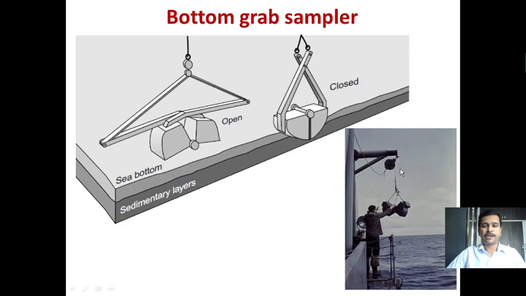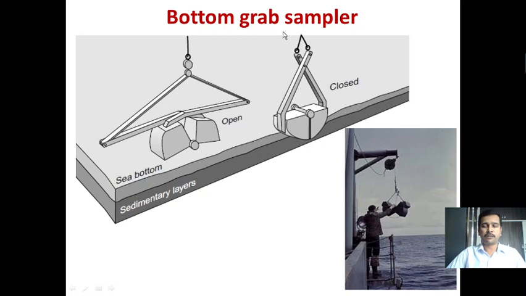By means of a crane he will release this bottom grab sampler with a pair of jaws to the sediment layer. Once this reaches the sediment layer, these two jaws will be closed and they will scoop up the sediment sample in between these two jaws. And once the scooping up of the sediment is done, this can be drawn upward and the sample which has been scooped up by these jaws can be collected.